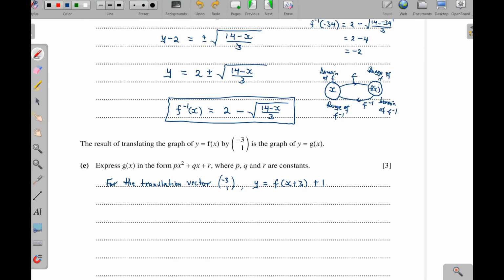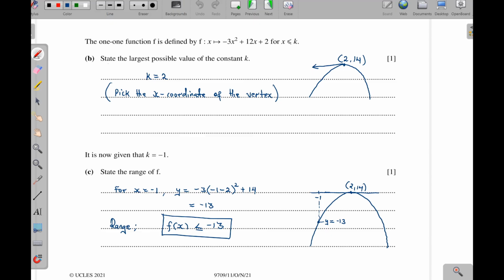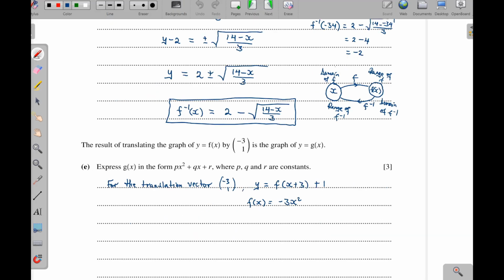Let me first bring the f of x. So f of x is equal to -3x squared plus 12x plus 2.